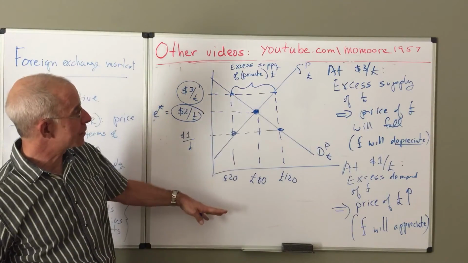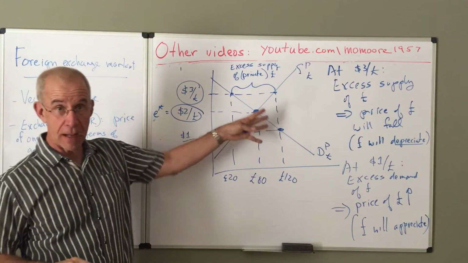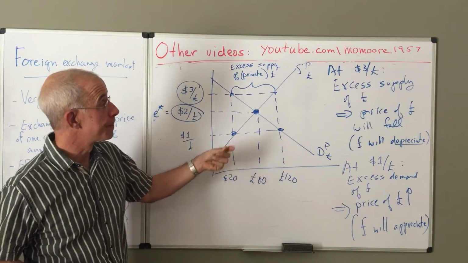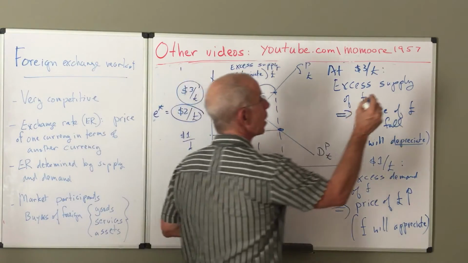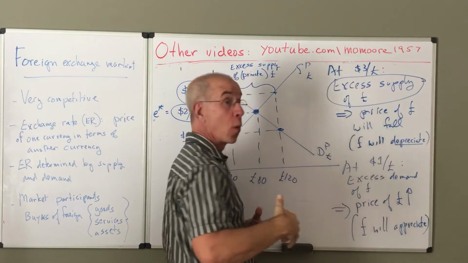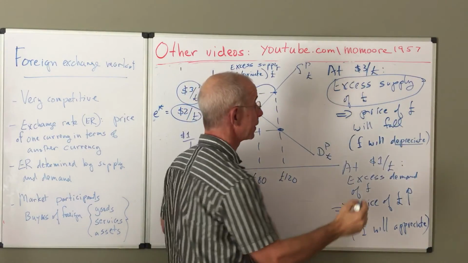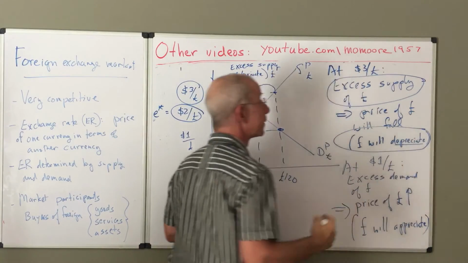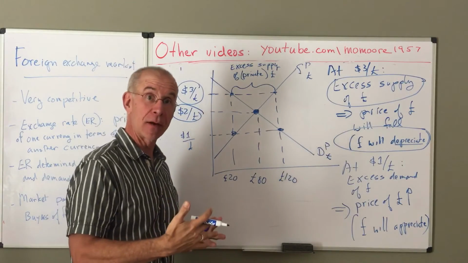So there are a couple of things to note about this depiction, which will be very important as we go along. One, you should think of pressures for a depreciation of a currency being associated with an excess supply of that currency.